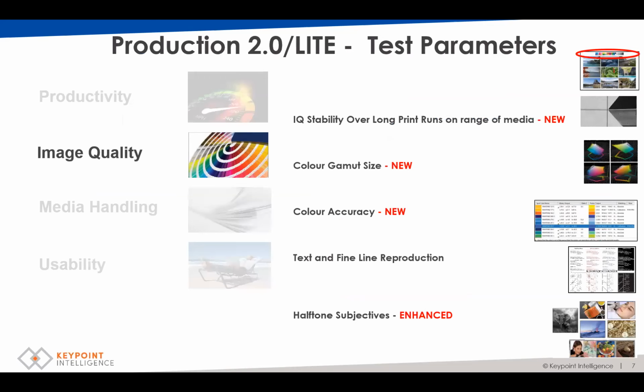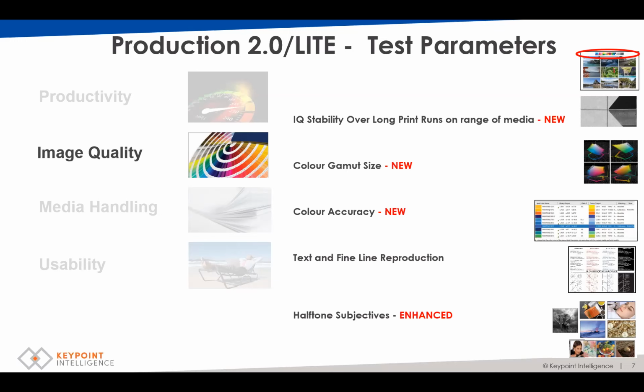Next, image quality. Many things are measured inside the test suite. First of all, during that long run test, we gather samples from the very beginning and after that every 30 minutes: at 30 minutes, 60 minutes, and the very last at 90 minutes.